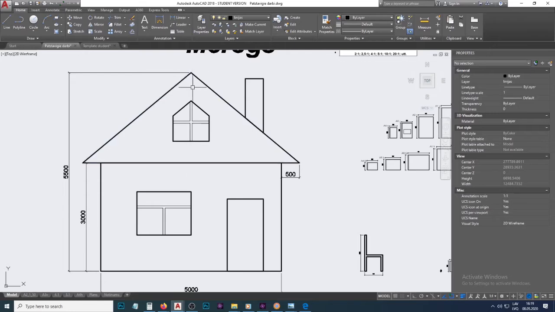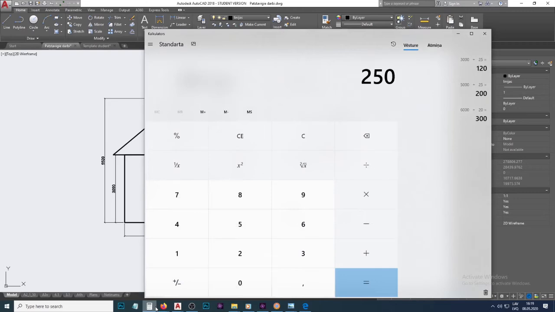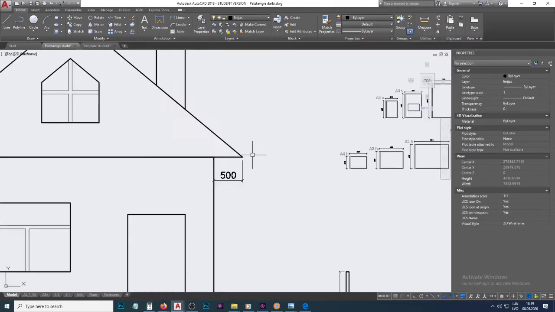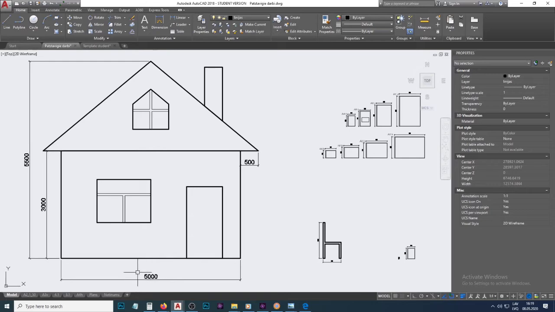Let's measure the height of the roof. 5.5 meters minus 3 meters, the height of the roof will be 2.5 meters. 2.5 meters divided by 25, there will be 100 millimeters. And this part, 500, if there was 200 millimeters, there will be 20.